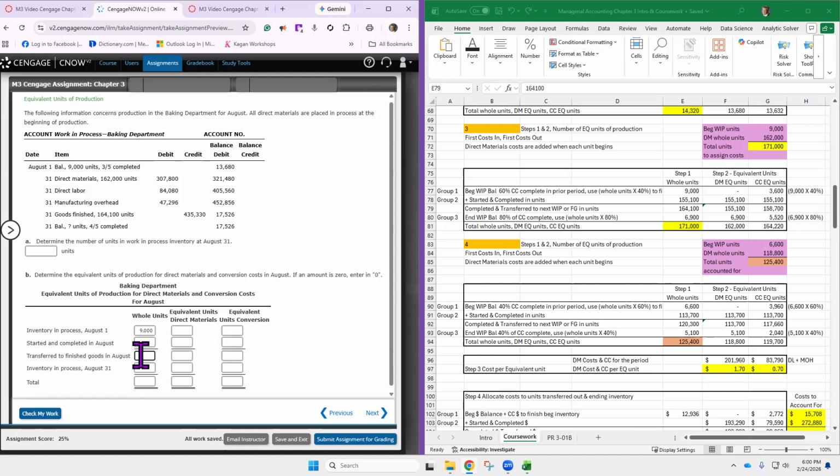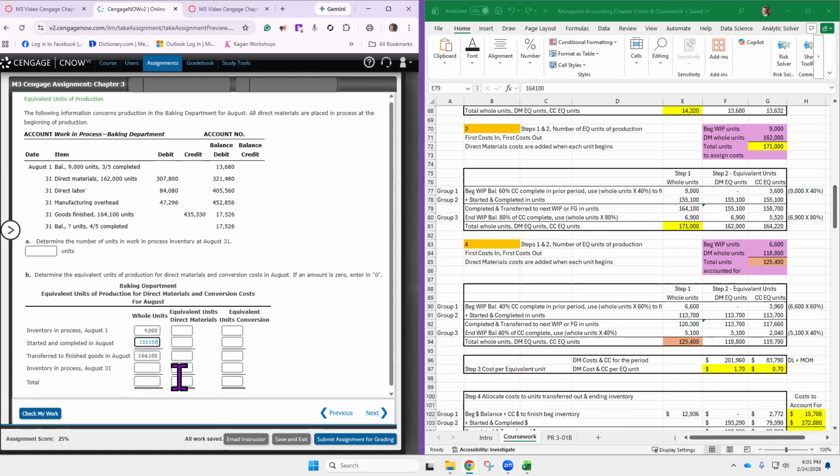Then we know how many went either to finished goods or the next process: 164,100. Be careful, finished goods. And then the inventory at the end, that's what we're getting ready to find. But we can back into how much started and completed is.